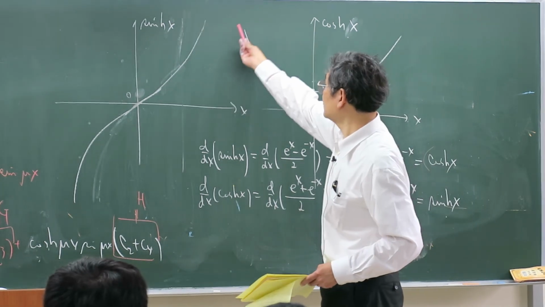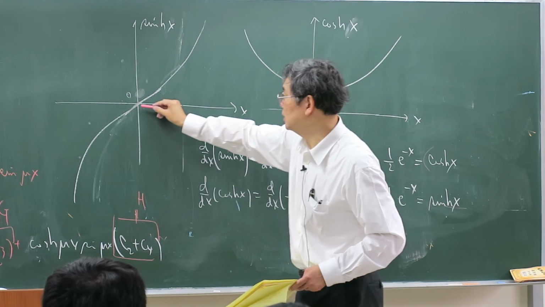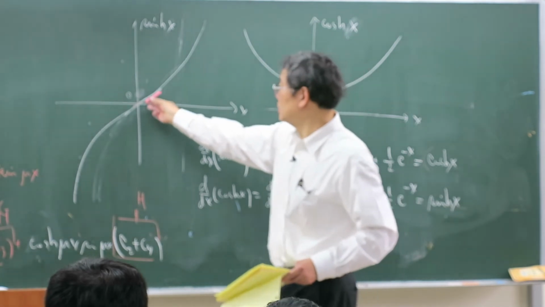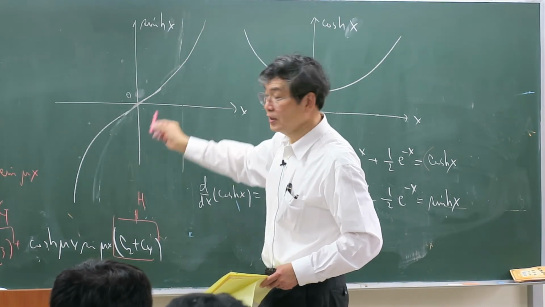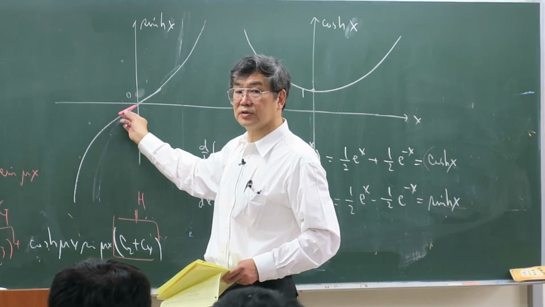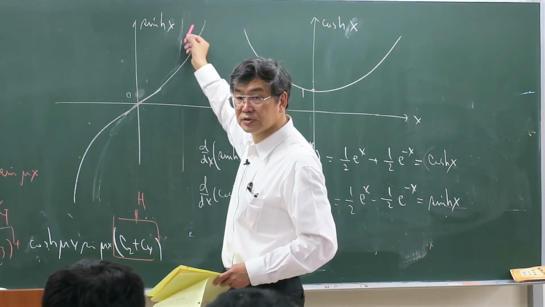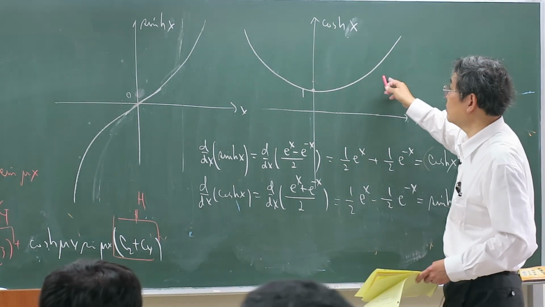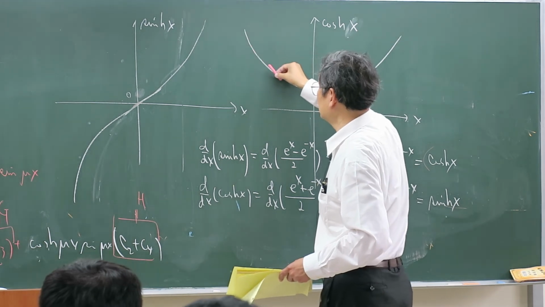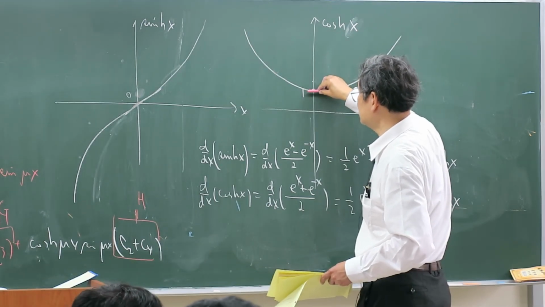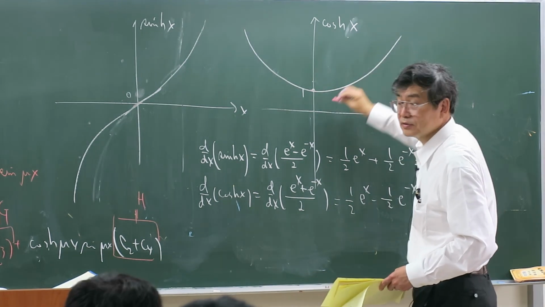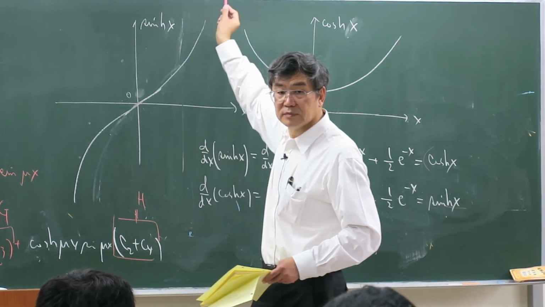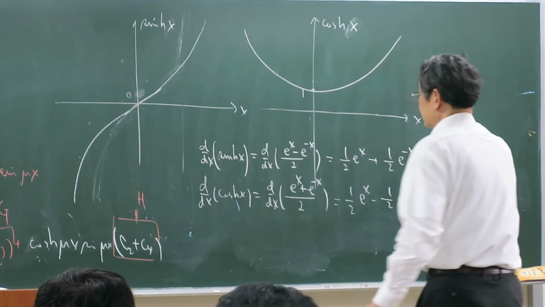So the slope will change, and to here, the slope equal to 1, then increase again. The slope decreases to 1, then increases. So derivative of hypersine is hypercosine. Derivative of hypercosine, the slope is negative, negative, negative to 0. And plus. So there's a negative value slope and to 0 slope. Then plus. Okay? Derivative.